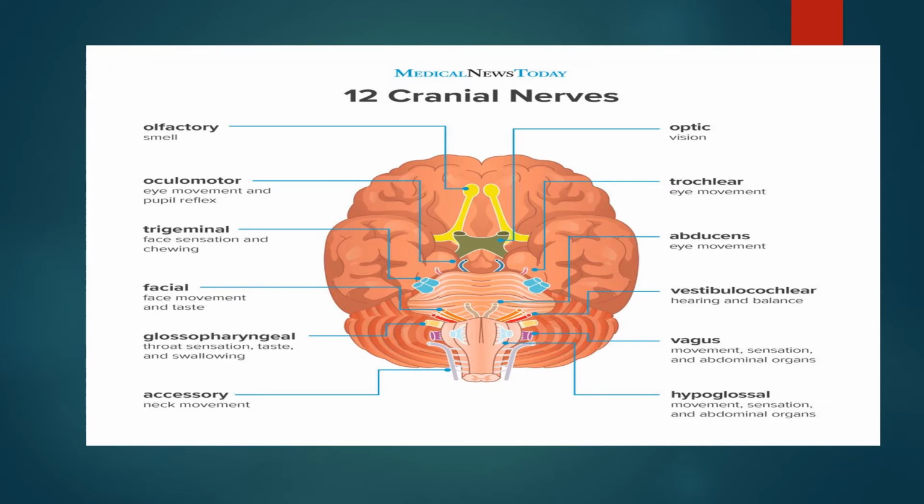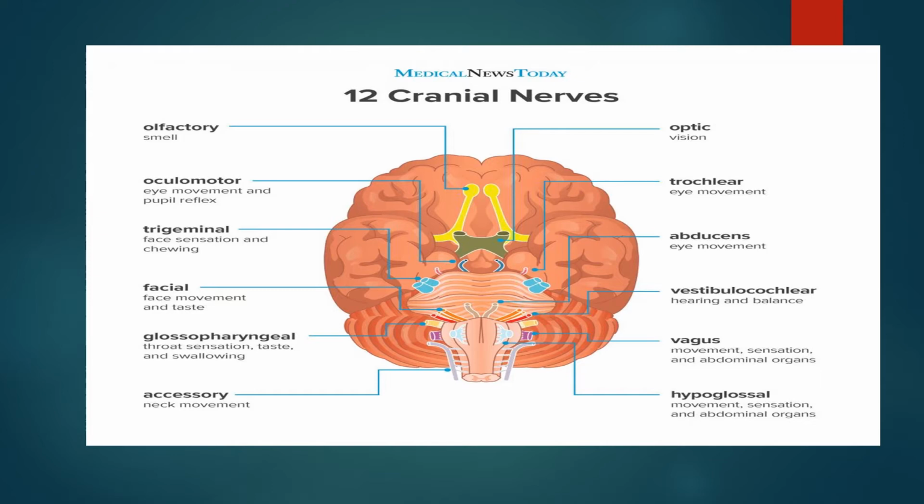Number nine is glossopharyngeal, which includes throat sensation, taste, and swallowing. Number ten is vagus, which includes movement and sensations of the thoracic and abdominal organs. Number eleven is the spinal accessory, which includes neck movement. And number twelve, the last one, is the hypoglossal, which controls tongue movement.